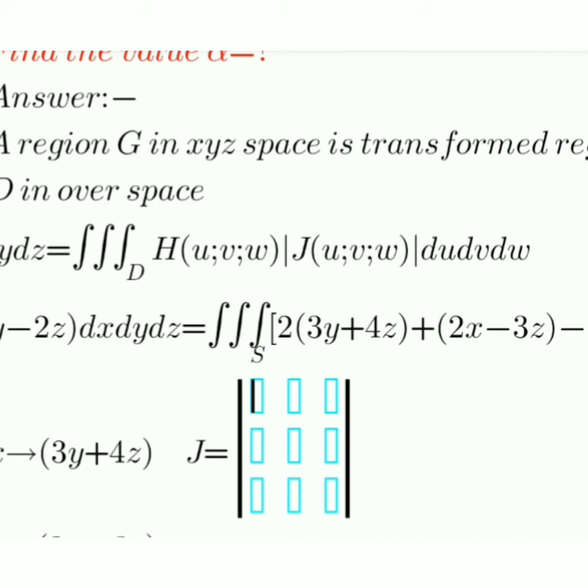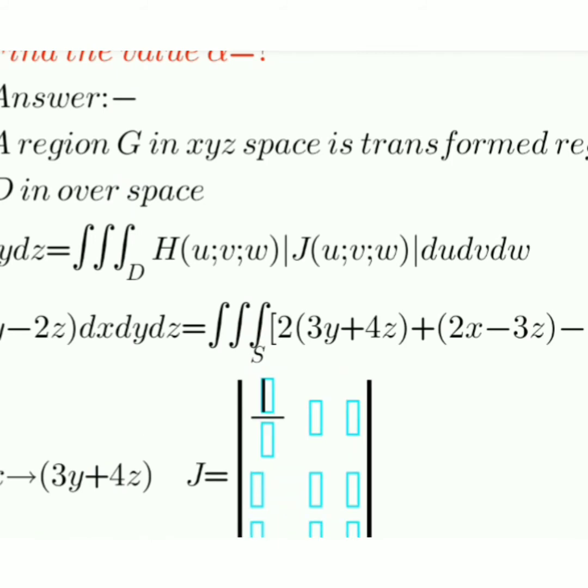So friends, here there are 3 quantities, so I need to write three facts. First, the elements are del x, del y and del z.